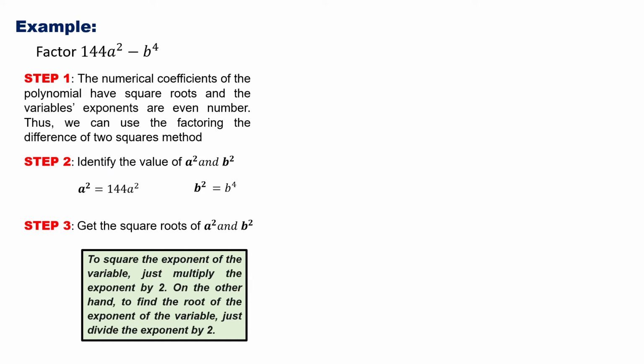Let us just divide their exponents by 2, and whatever the result is, that is the exponent of the square root of our given variable. That is why the condition we need is that our variables have even exponents, because if the exponent is an even number, then it has a square root.